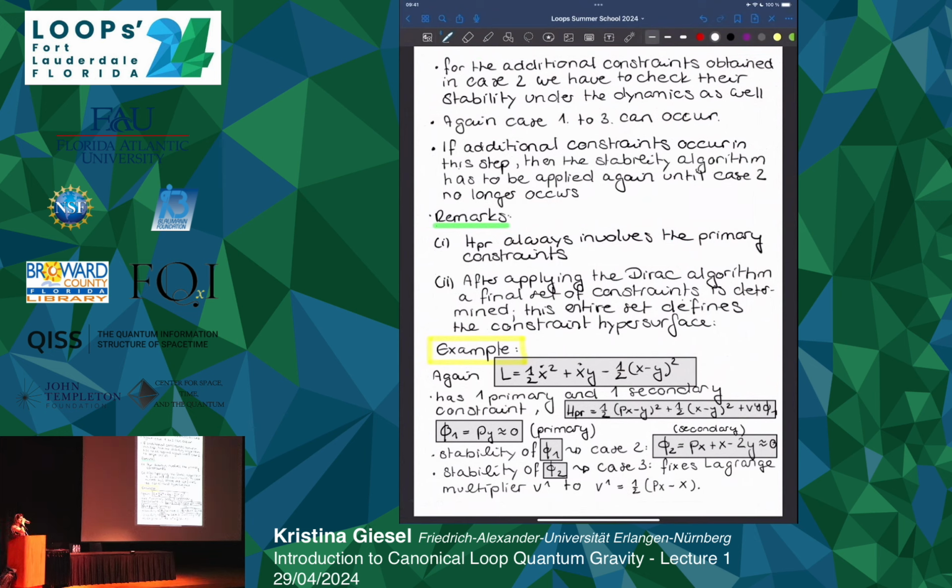I have a question: in this example we have this secondary constraint, and why didn't we add another Lagrange multiplier for the secondary Hamiltonian constraint? This is in a sense the same question that was asked here. I will come back to this later.